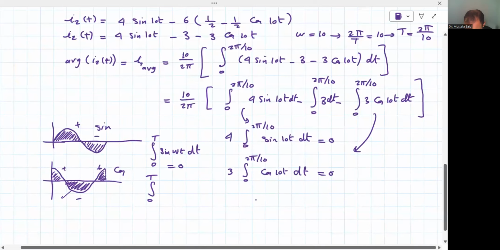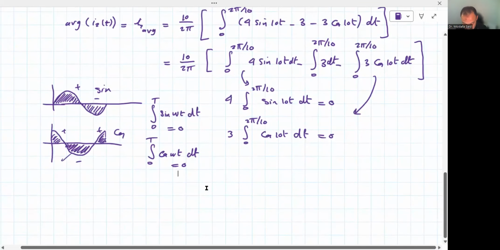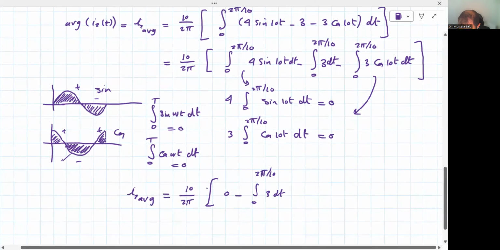Same, 0 to T of cosine omega t dt also equals 0. So without doing any Wolfram math or anything, I average equals 10 over 2 pi, then the first term is 0, 0 to 2 pi over 10, 3 dt minus 0 again.